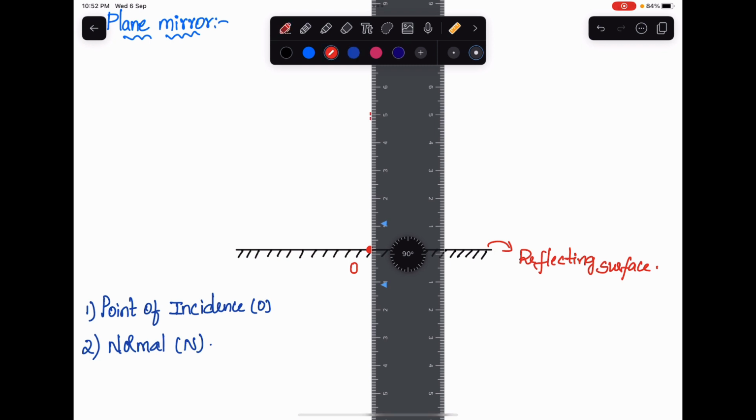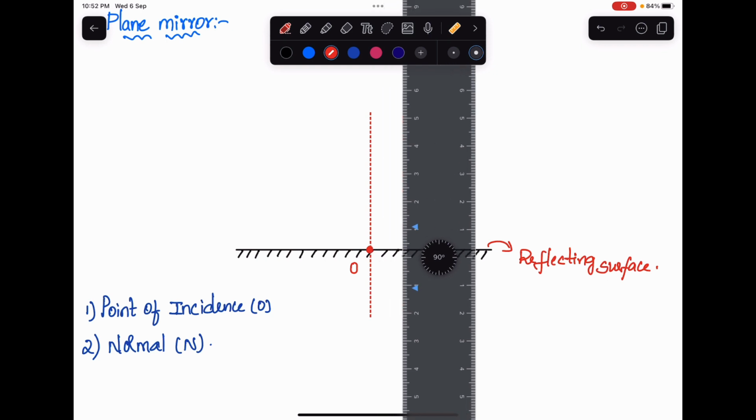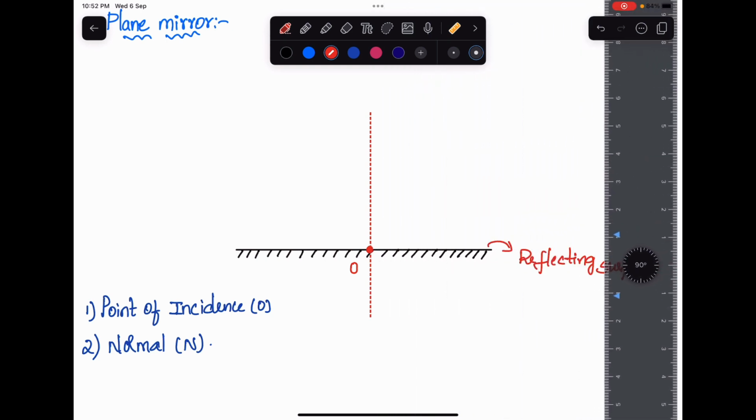See this line. You can also call it an imaginary line. This is what you call the normal, and it is represented by N. So the normal is a perpendicular line drawn at the point of incidence to the reflecting surface, or plane mirror.